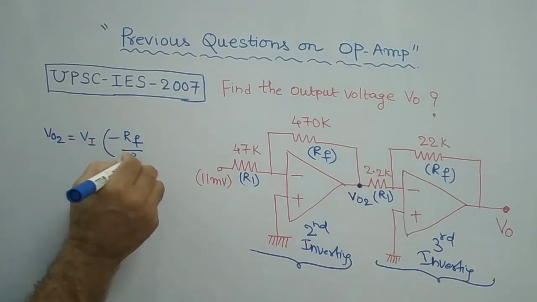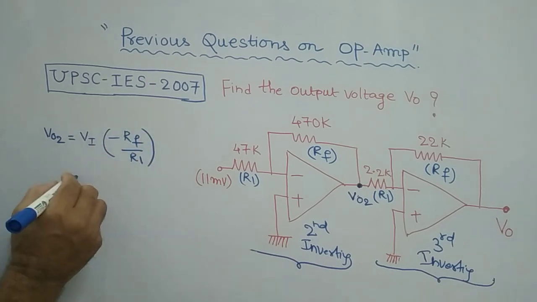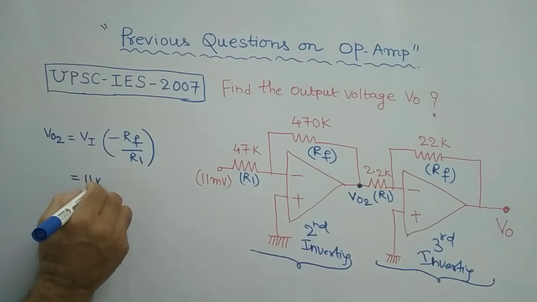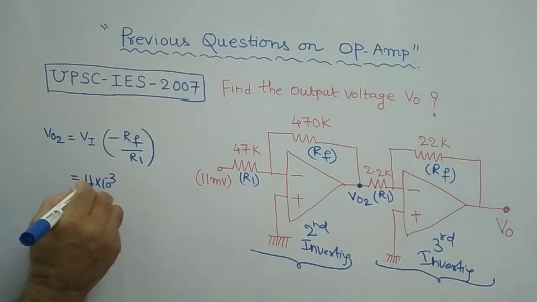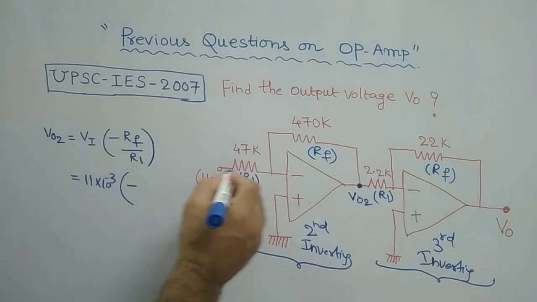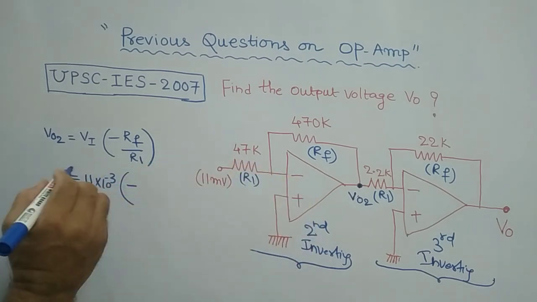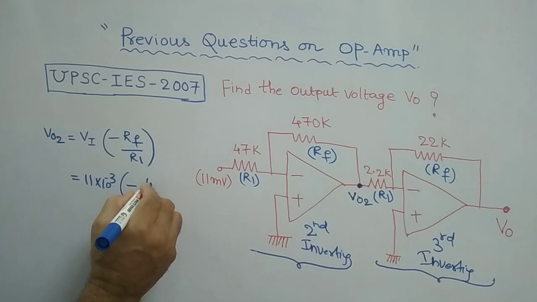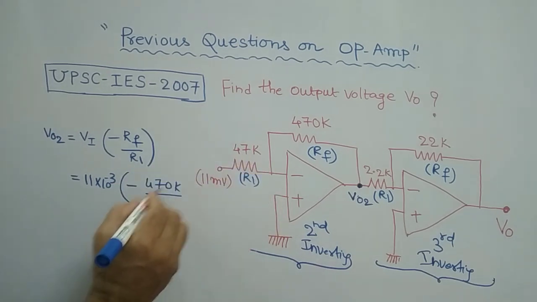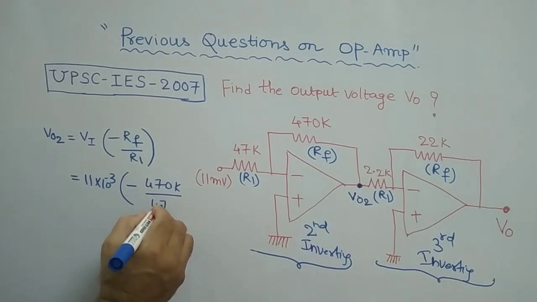This is the formula, which I already explained in the previous presentation. What is Vi? This 11 millivolt becomes 11 into 10 power minus 3. It is minus, as input is applied to the minus terminal, that is why minus will come. What is Rf here? 470K by what is R1? R1 is nothing but 47K.